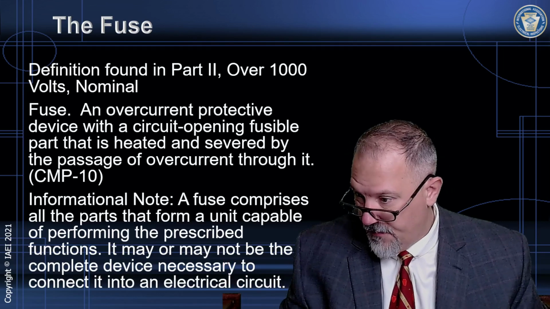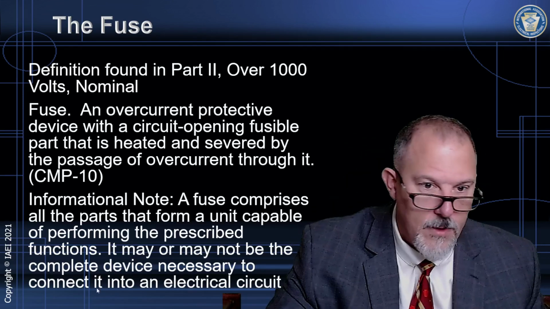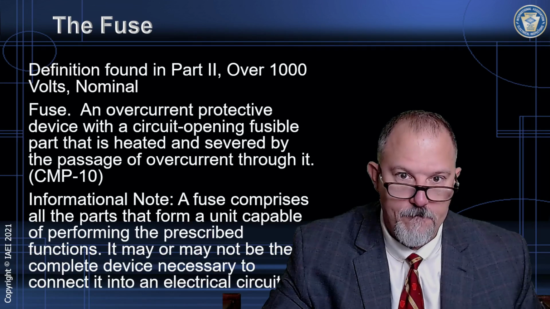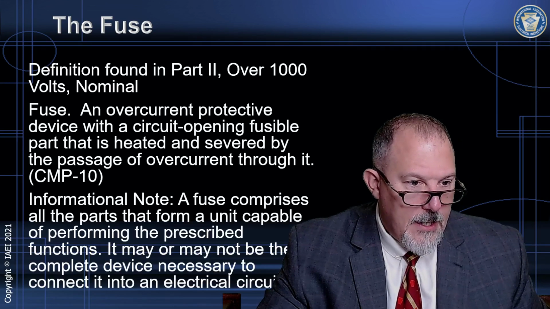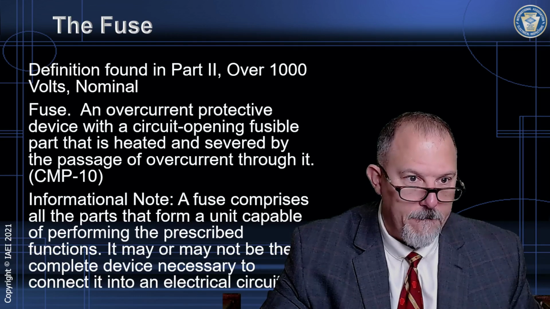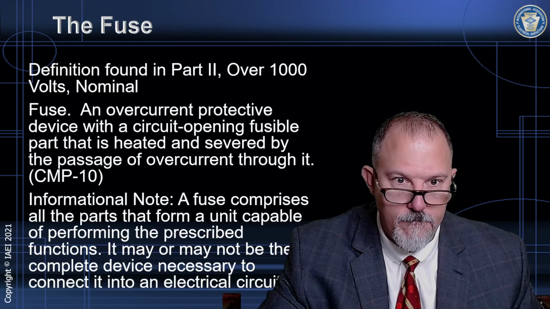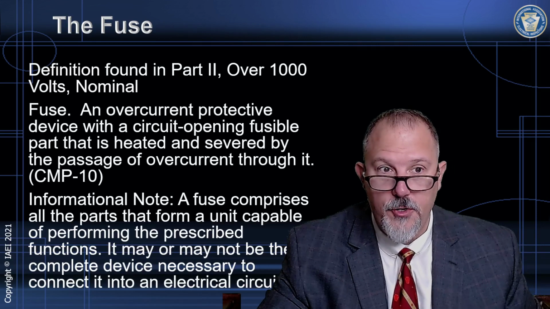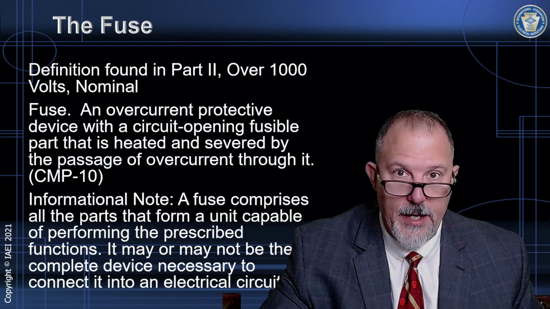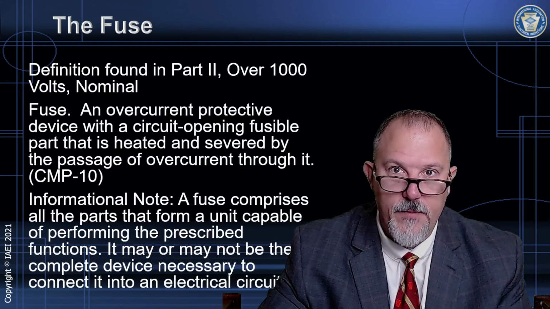I'm going to bring up a fuse here, but it's going to be green. And I'm going to show you. What I'm going to do is show you a fuse, and I want to help you understand what we mean by the fact that you just can't place a fuse inside the circuit.